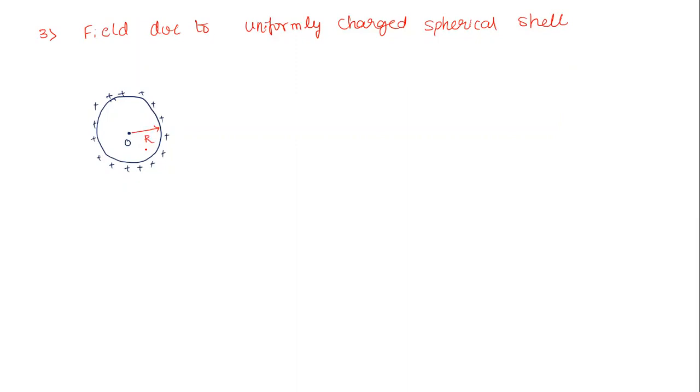Now what I want to do is find the electric field using this sphere and especially using Gauss law. Let us take different cases now. First I'll take case number 1. Case 1, I'm going to find the electric field outside the sphere.